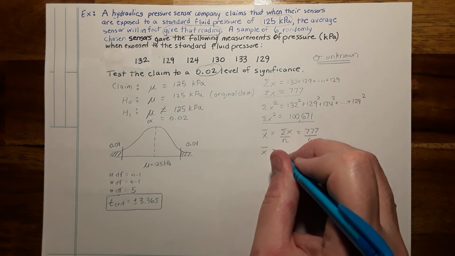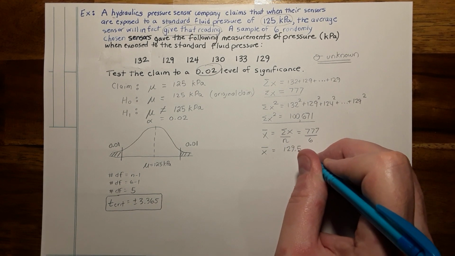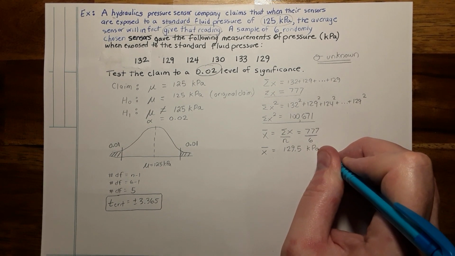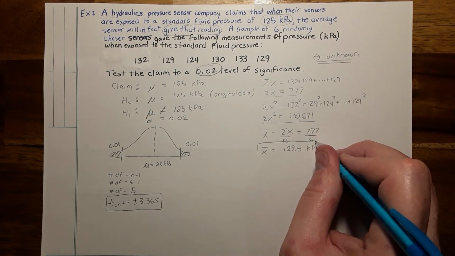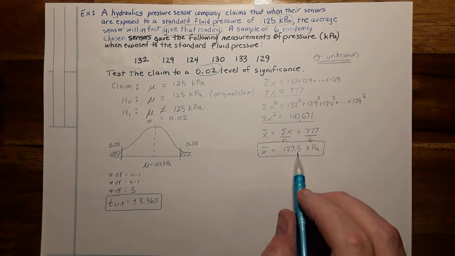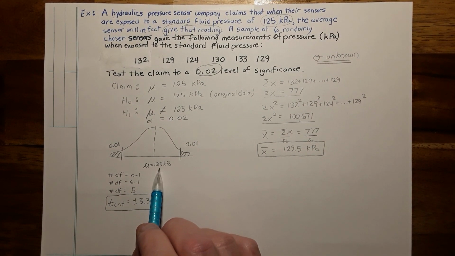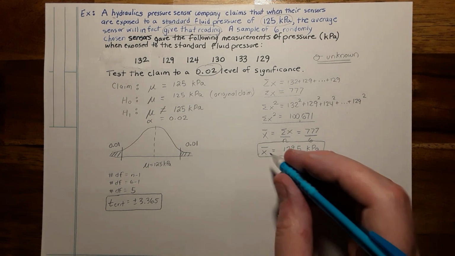We're going to find the mean of this sample is 129.5 kilopascals. The mean of the sample, 129.5 kilopascals, is definitely more than 125, but is it significantly more? Is it enough to lie in this rejectable or critical region for the hypothesis test?